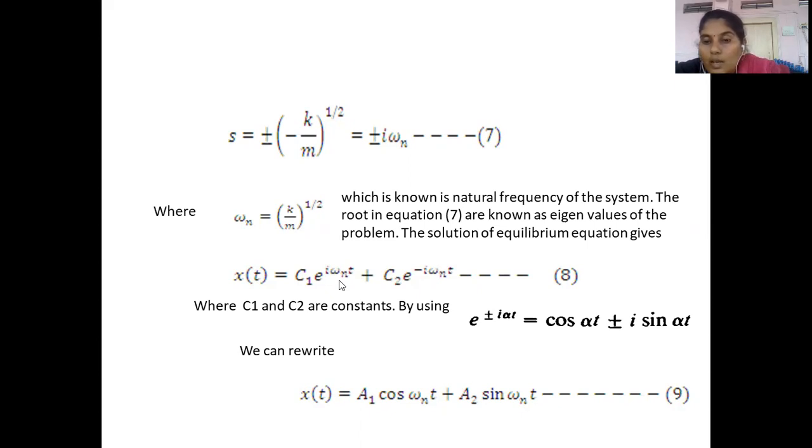e raised to plus or minus i alpha t. Put this formula in equation number 8. So e raised to plus or minus i alpha t is equal to cos alpha t plus or minus i sin alpha t.